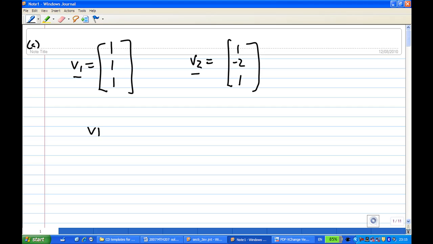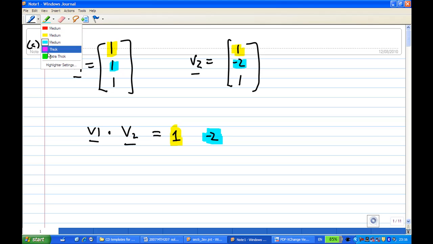So we know that v1 dot v2 is equal to 1 times 1, you get 1, and 1 times -2, you get -2, and the last term, 1 times 1, you get 1.